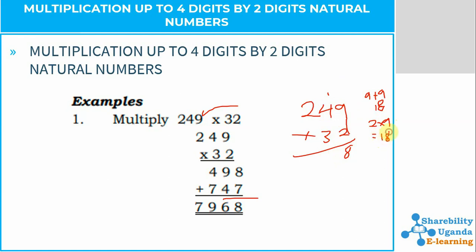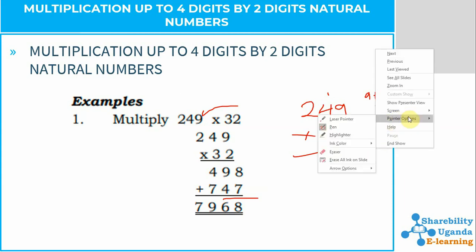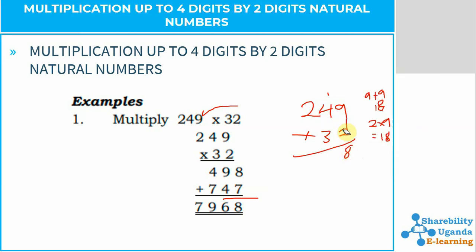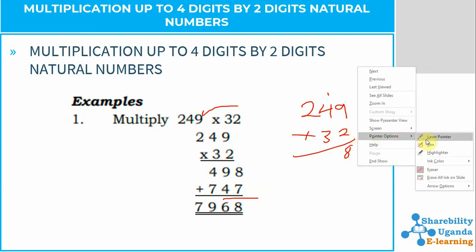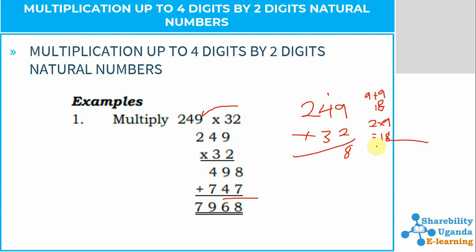So we said we are going to write 8, and after writing 8, we remain with 1 here. So we say our 2 here still times 4. We say 2 times 4, what do we get?